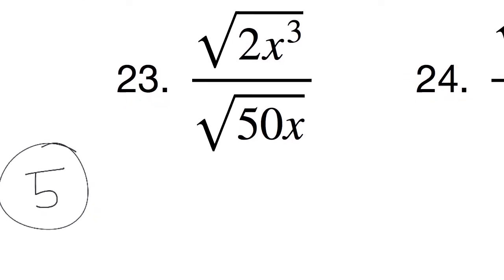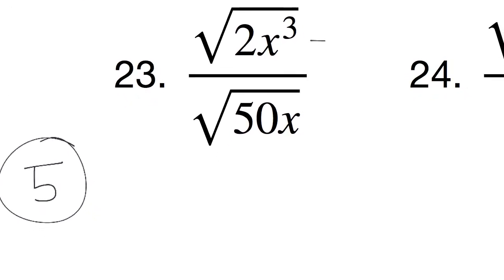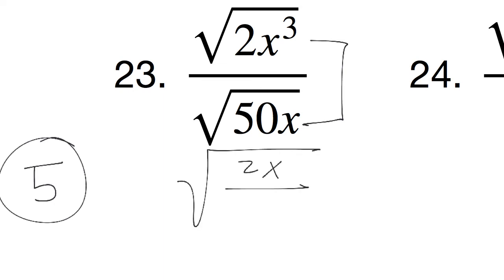Next, I'm going to use the fact that this is a fraction and I'm going to recombine them into one radical. So we've got 2x cubed over 50x. And I've noticed that I can cancel these, which is why I recombined them in the first place. This is 25 and this is going to be 2.